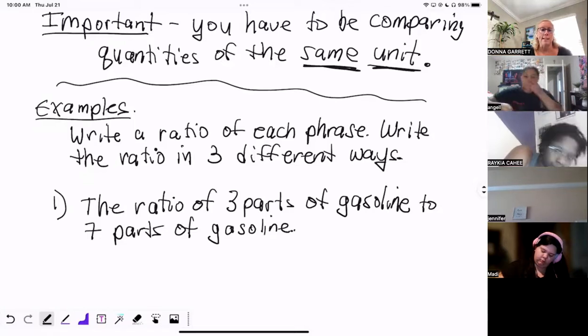Notice they both say the same thing. They both have the same units. They are both parts of gasoline. So we can just go right to a ratio.